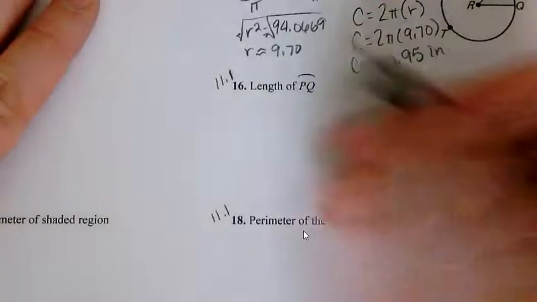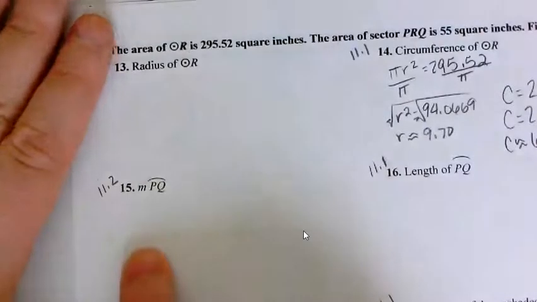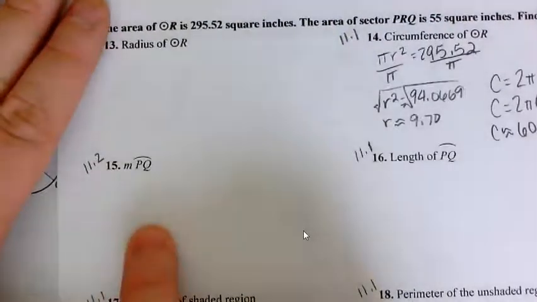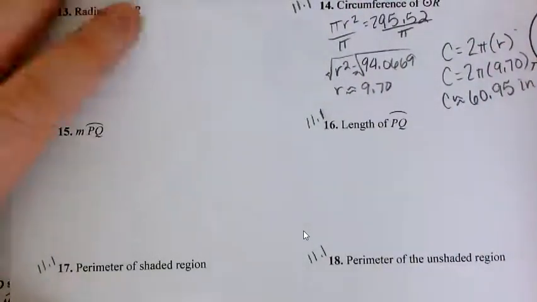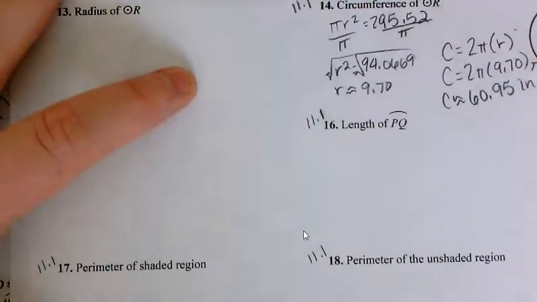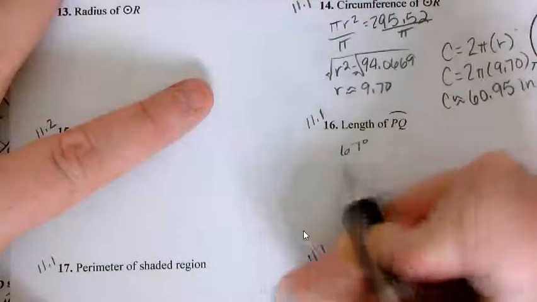From there, to find the length of PQ now that I know my circumference, I don't know the arc measure. I have to do number 15 first. So in order to do the arc length here, I have to work backwards. The arc measurement of PQ is 67 degrees.